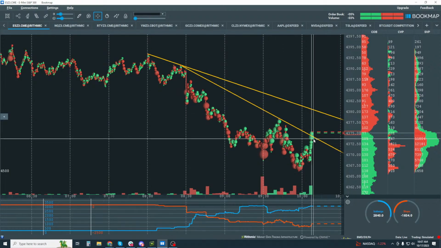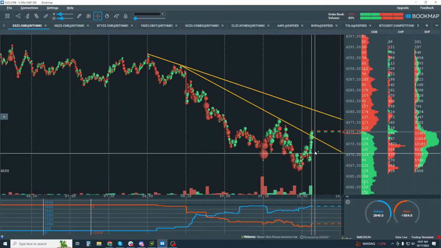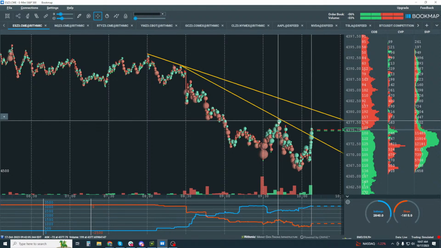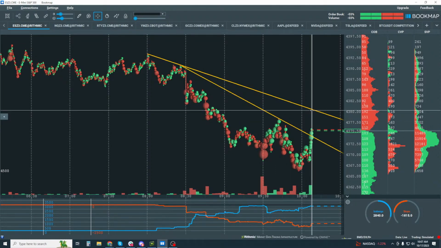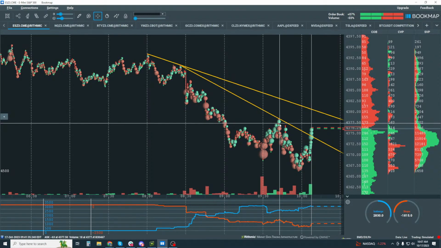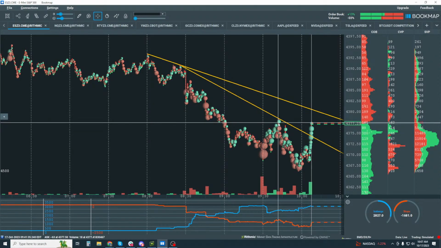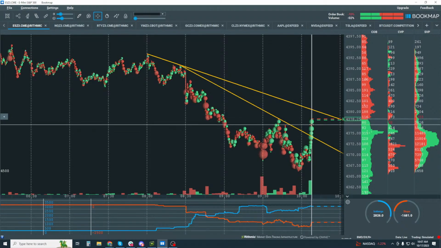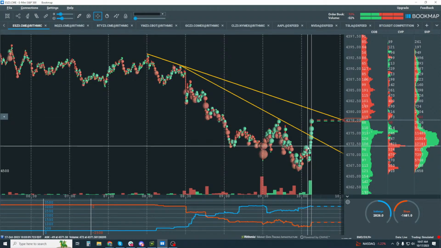Look at the buyers streaming in right now, and we see quite a few buyers, right? Maybe they can reach up to here. Maybe they can reach up to here, 43.80 or the swing at 77.5, right? Because we know there's buying pressure, that is what we're looking at here.